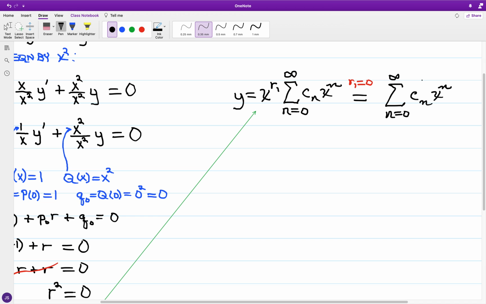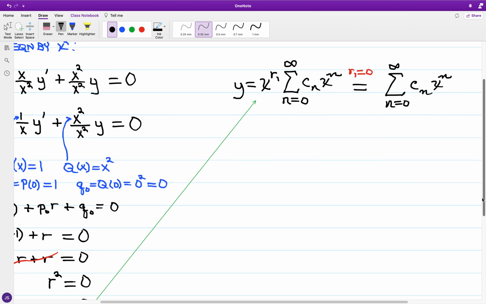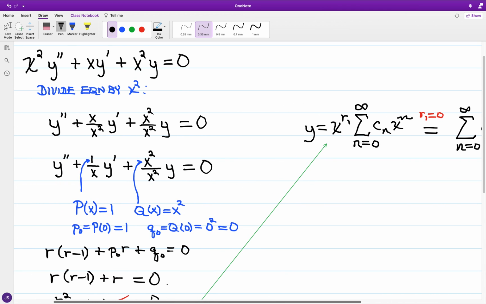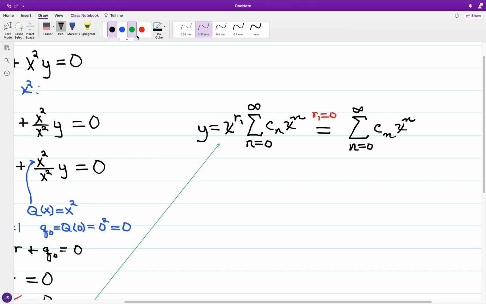Now in the original equation, we have a y term, the first order derivative y term, and also the second order derivative. So we're going to start with y: as n goes from 0 to infinity, we have c of n times x to the n.